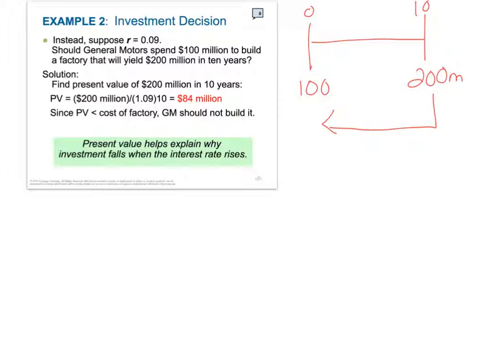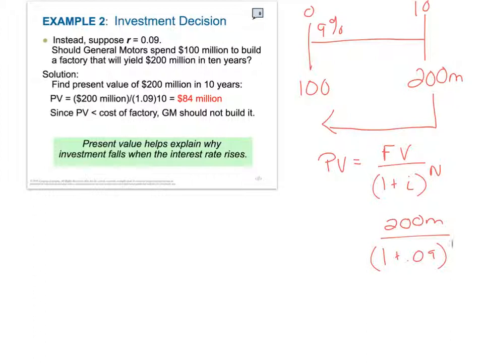But now my interest rate is 9%. So I'm going to use the present value formula. This time I'll use the one that your book uses. I'm going to say the present value is equal to the future value over 1 plus the interest rate to the nth power. So 200 million over 1 plus 0.09 to the 10th power.